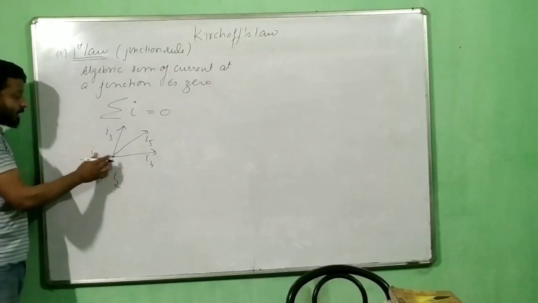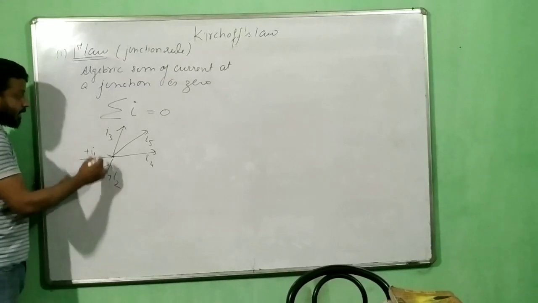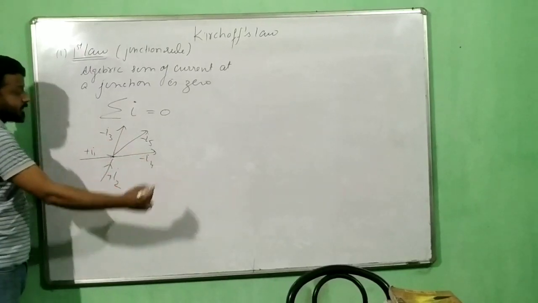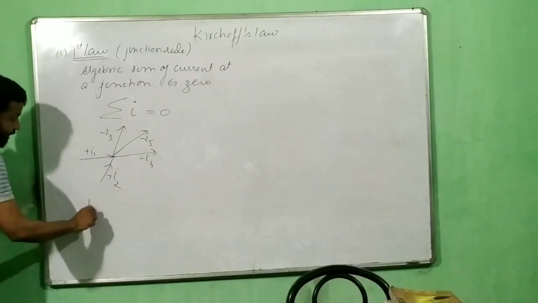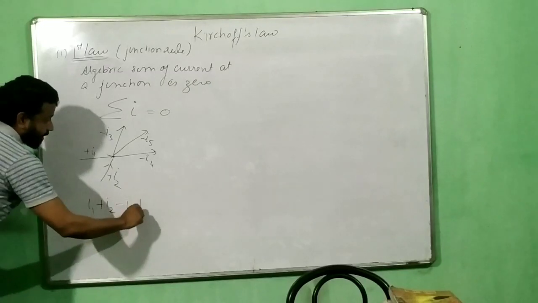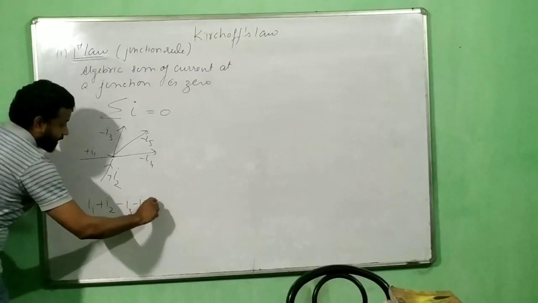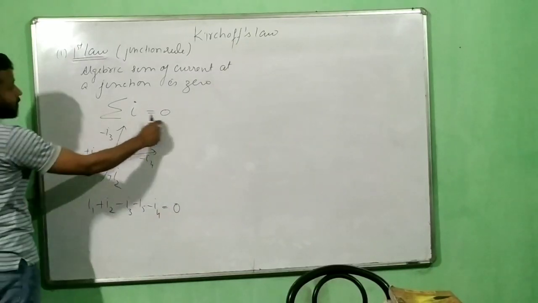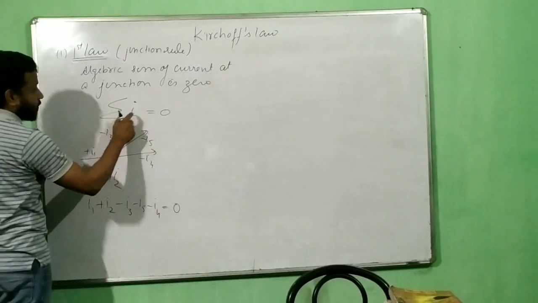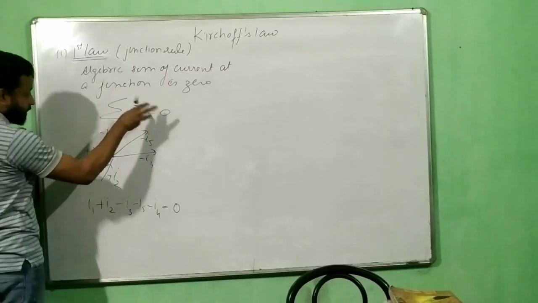We take the current entering as positive and the current leaving as negative. And what does the algebraic sum mean? Algebraic sum means current entering, which is positive, minus current leaving, that is I1 plus I2 minus I3 minus I5 minus I4. This whole thing must be equal to 0. That is the whole concept here. Algebraic sum of all the current at a junction is 0.